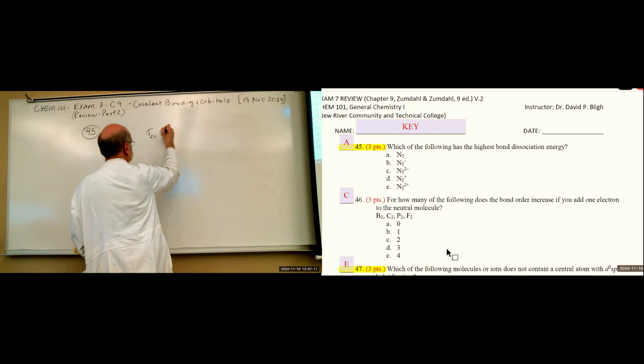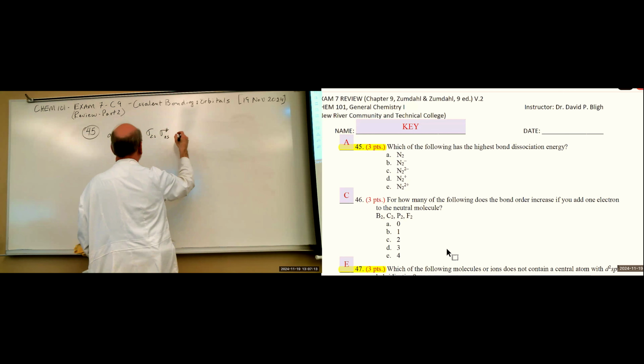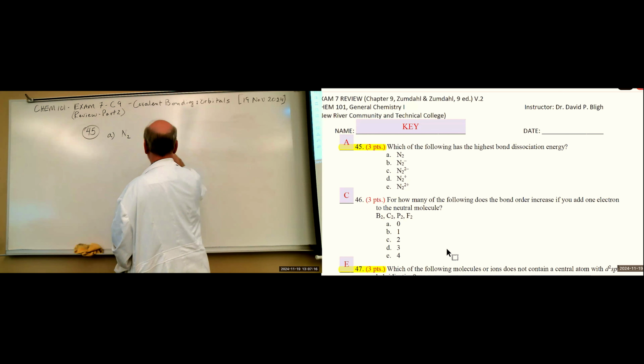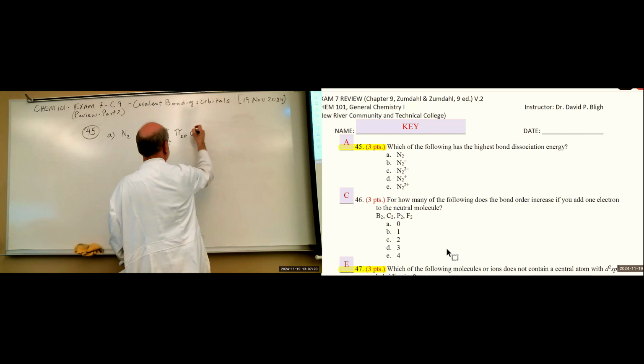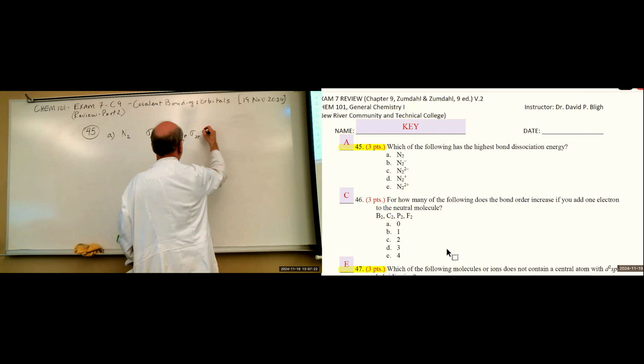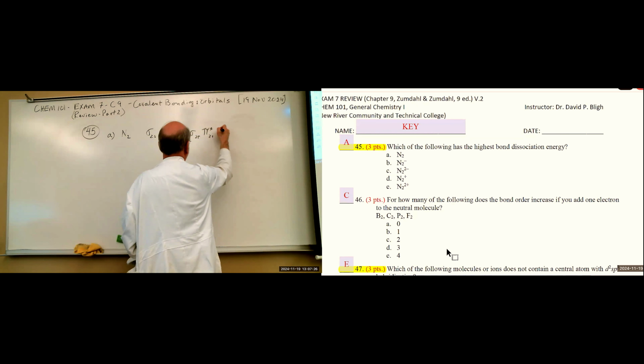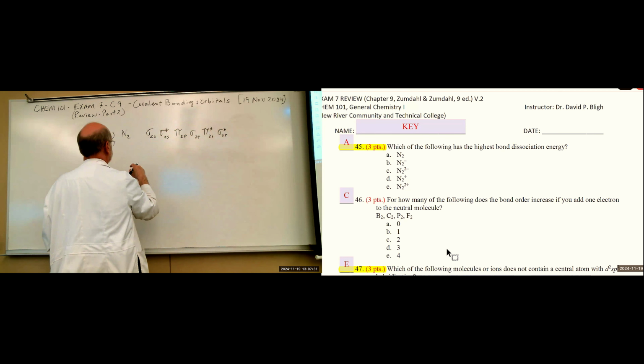Sigma 2s, sigma star 2s, 2s mixing. Pi 2p, sigma 2p, pi star 2p, and sigma star. I don't think we need that, but do we?